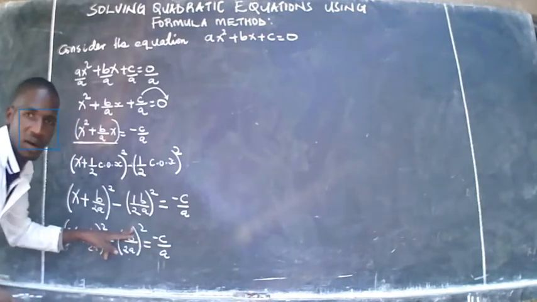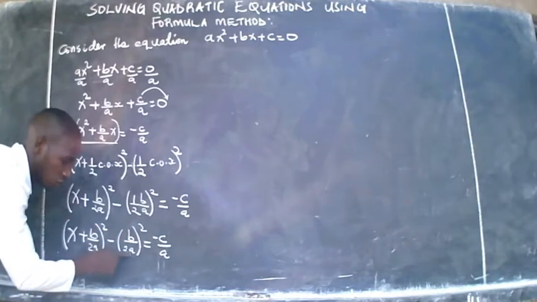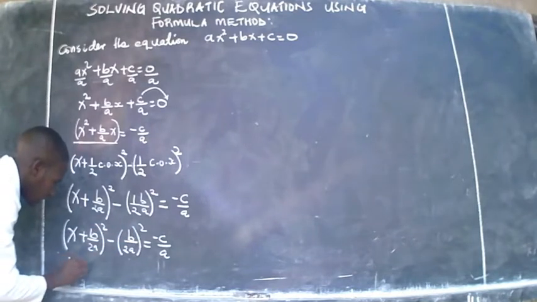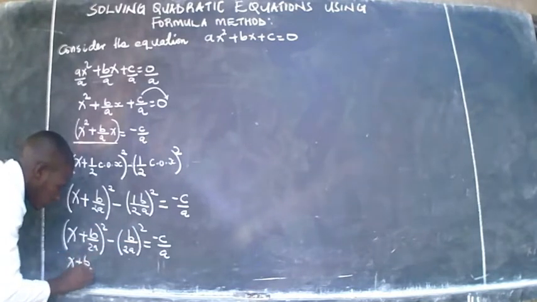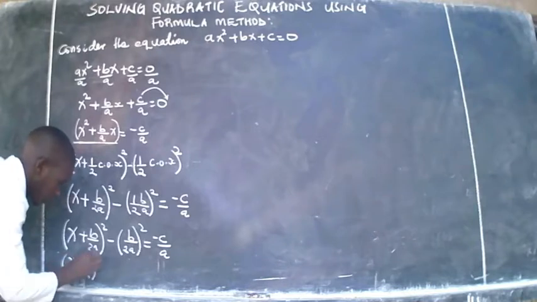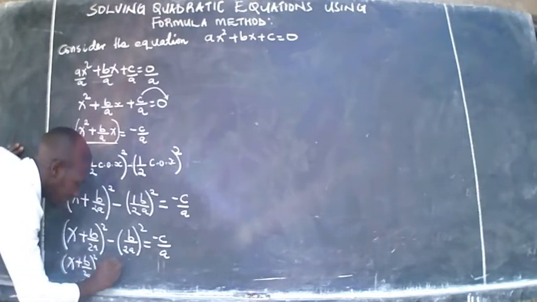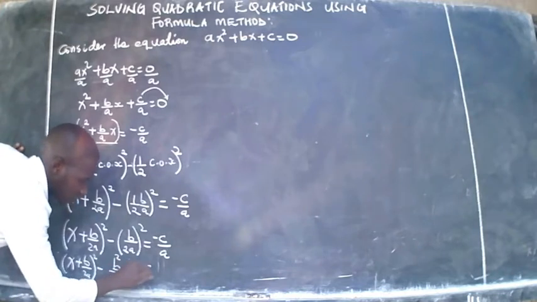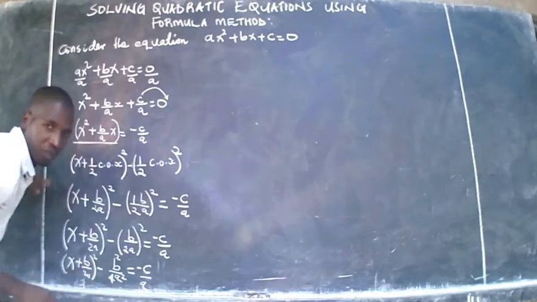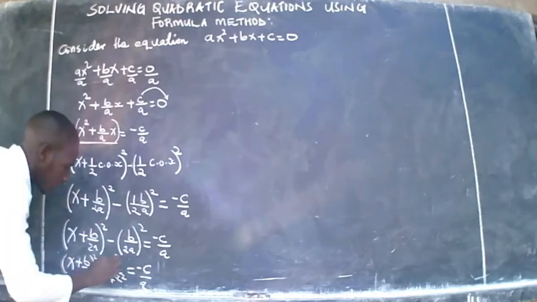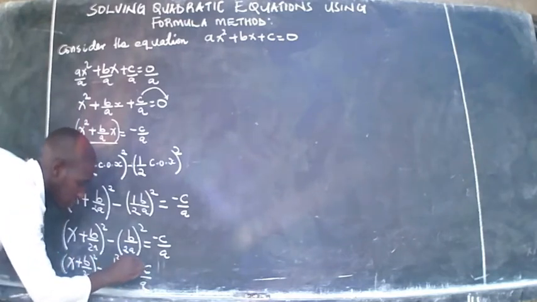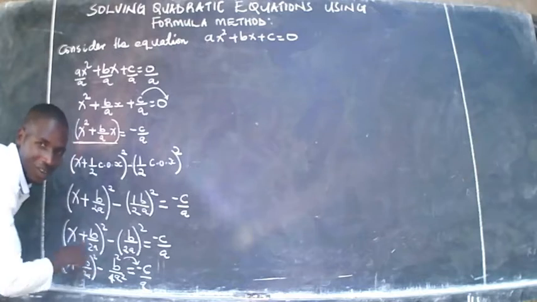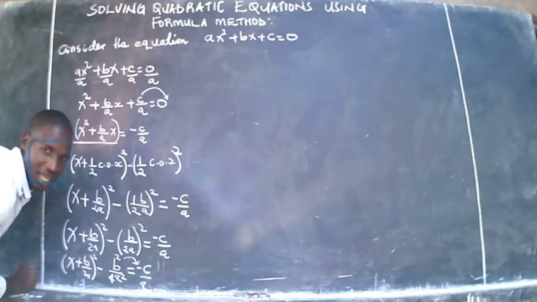This square will square b and also 2a. So we shall have x plus b over 2a, squared, minus b squared over 4a squared, equals negative c over a. When we reach here, we take this to the other side. It's a minus; when it crosses to the other side, it becomes a plus.